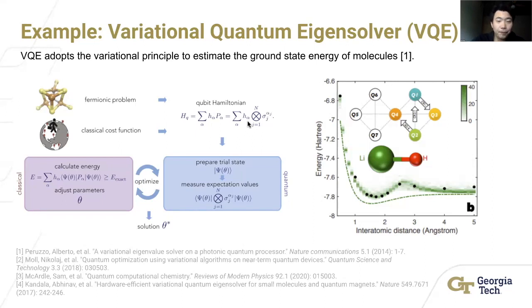And then you prepare some trial state, depending on whether you're borrowing knowledge from chemistry. If you know nothing about chemistry, just initialize to the 0, 0, 0 state.